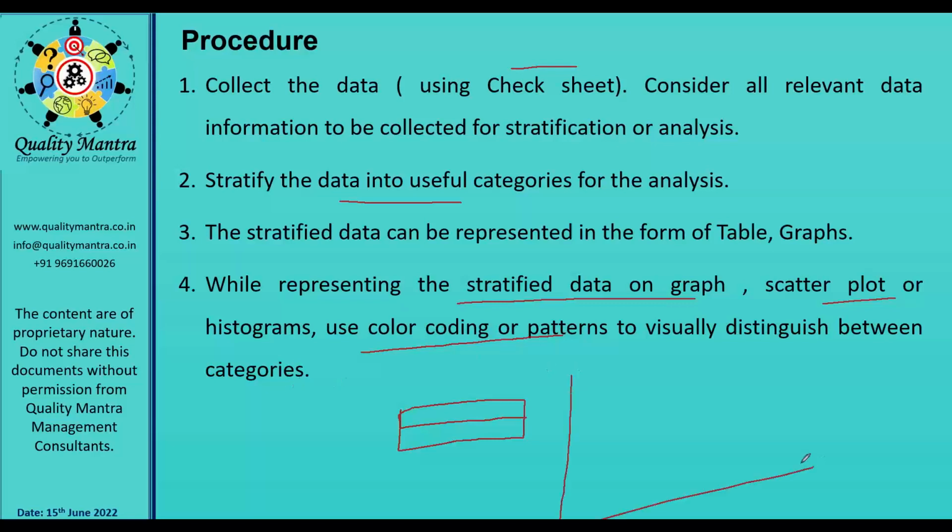Like if you are showing the region-wise sales of two different products in a line graph, you have to use a different color for these two lines: this is product A, this is product B, and then there is a region.